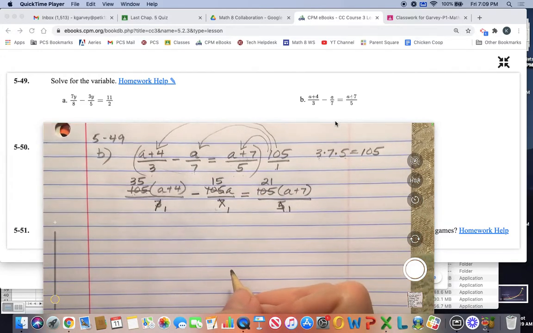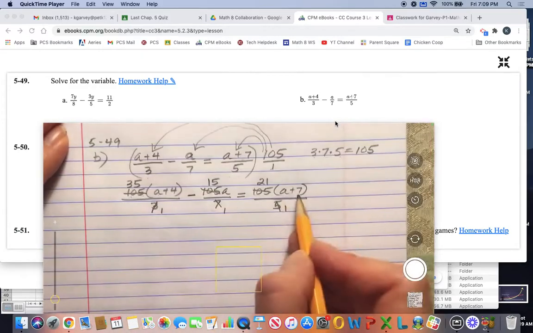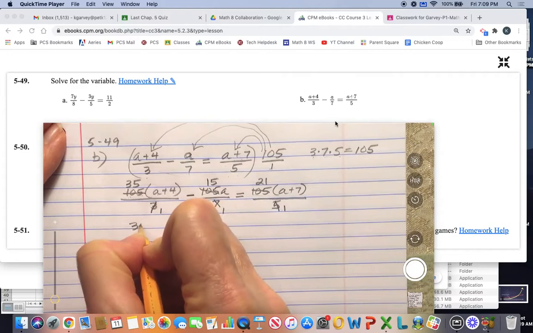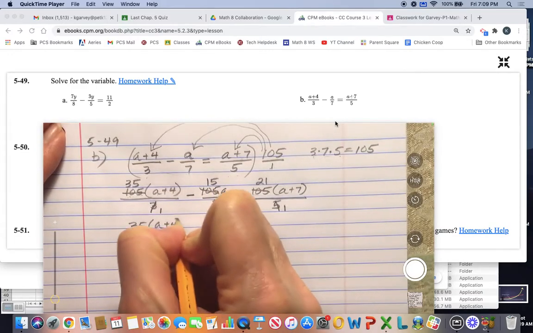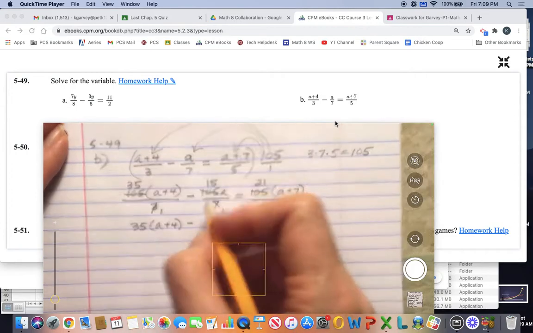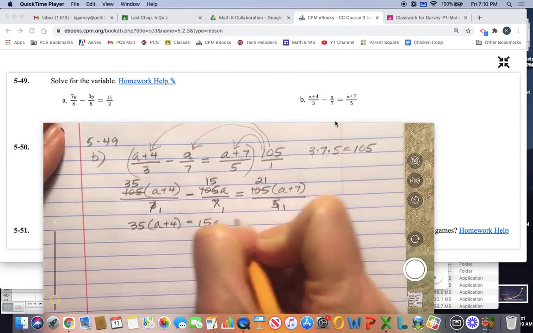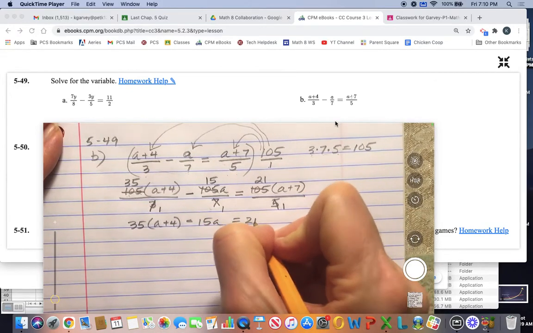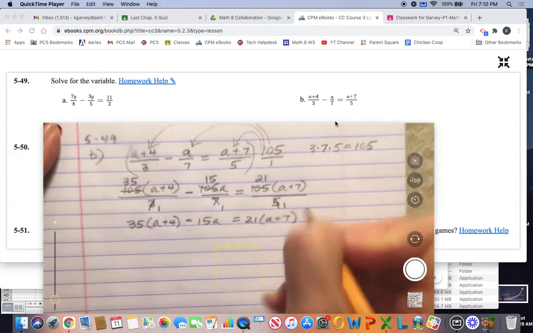Okay. So now we've canceled out all the fractions, so let's rewrite this and see what we have. We've got 35 times A plus 4 is subtracting 15A, and that is equal to 21 times A plus 7.